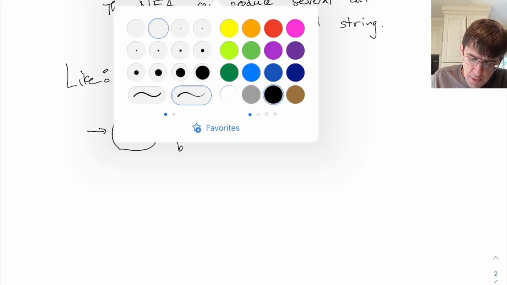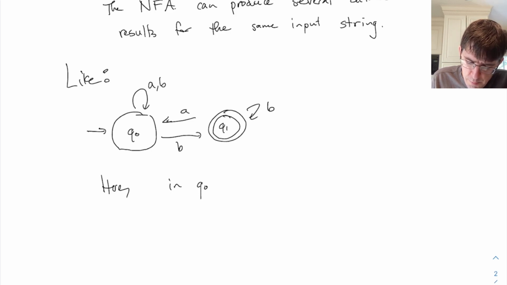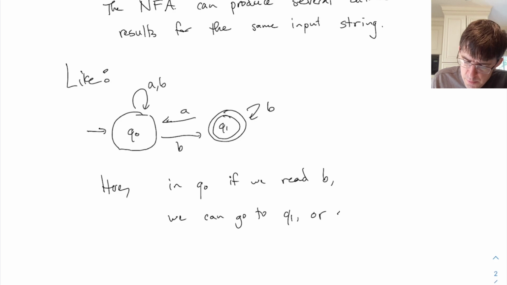Let's give names to the two states here. In Q0, if we read B, we can go to Q1 or stay at Q0.